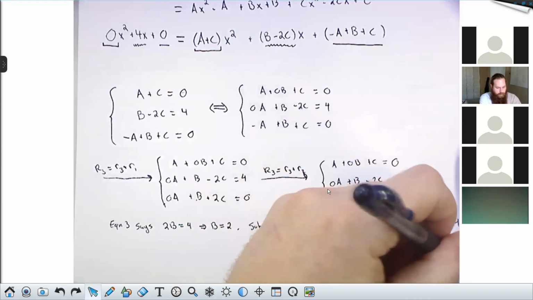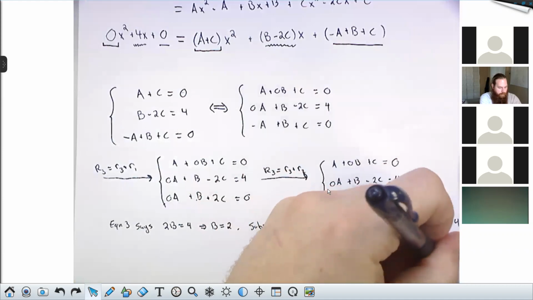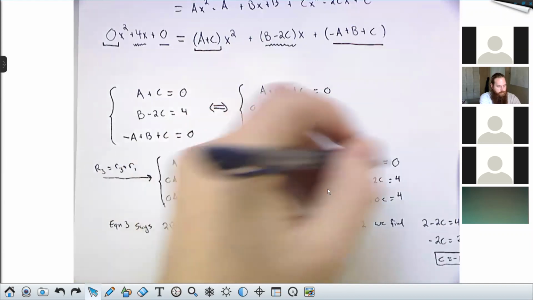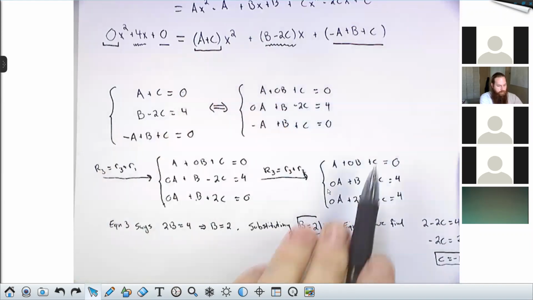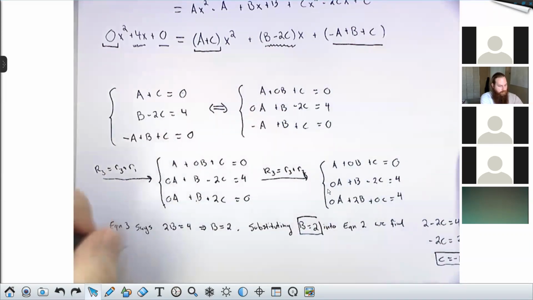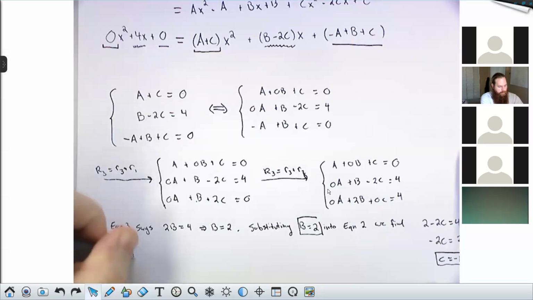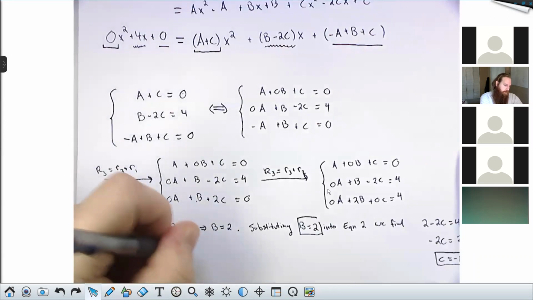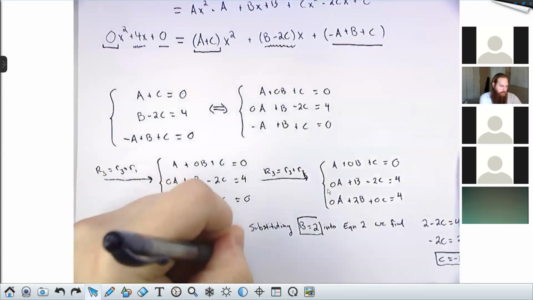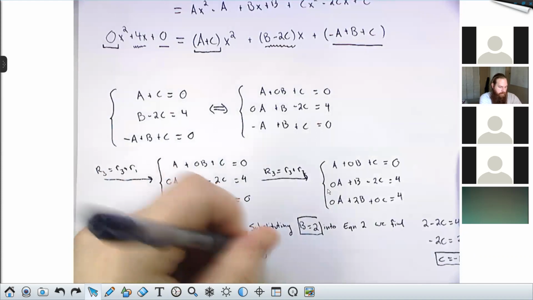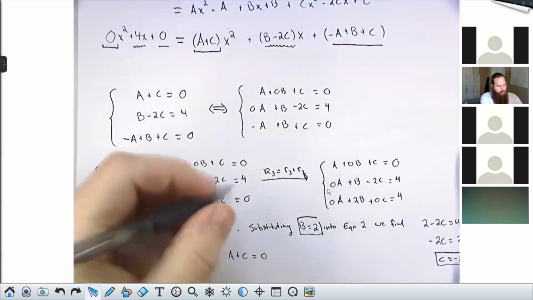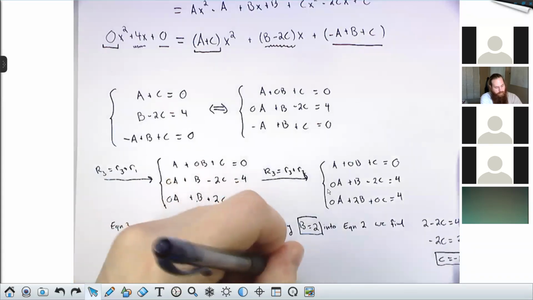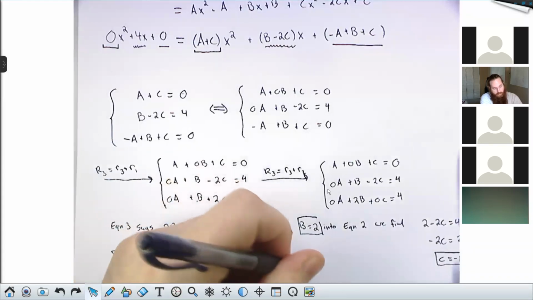So c is negative 1. Now we have both b and c, and I can use those to find a. Really, I just need c. Since c is negative 1, this is the same as saying a minus 1 equals 0. So a is positive 1.